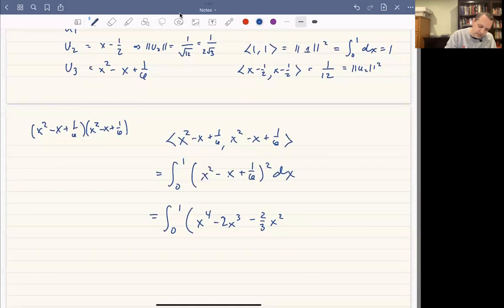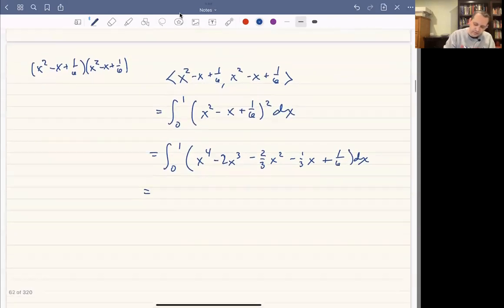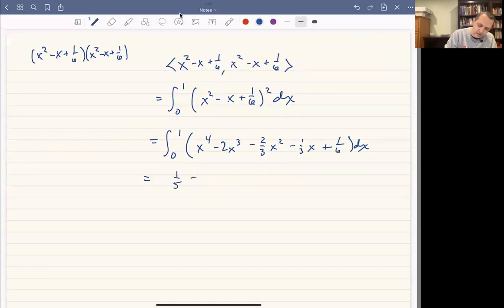Let's make sure I did that right. Negative 1/3 X. And then plus 1/6 squared is 1/36. And so if we compute this out, we're going to end up with 1/5 minus 2/4 minus 2/9 minus 1/6 plus 1/6.